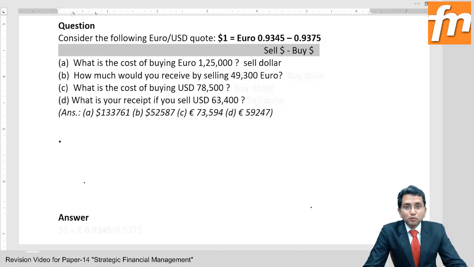Question is silent, assume yourself to be the quote taker. That is, rates are unfavorable. You can sell at the lower rate. You can buy at the higher rate.